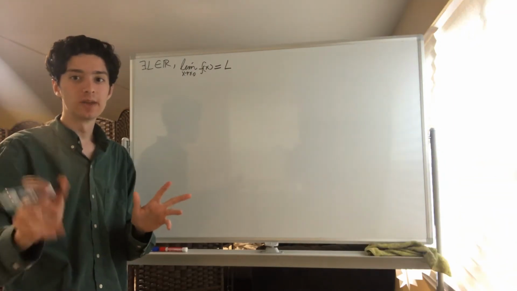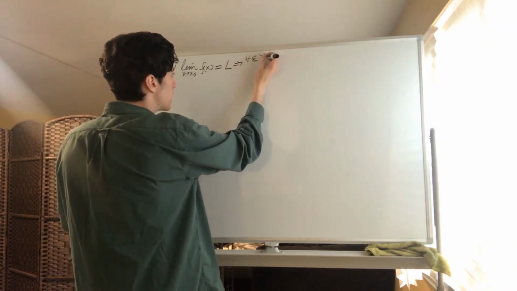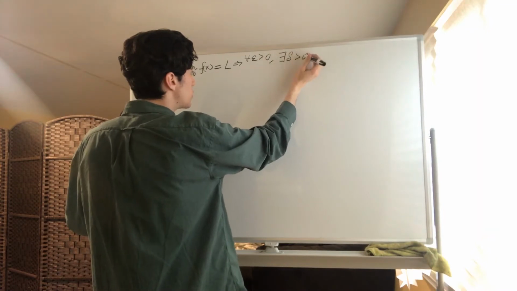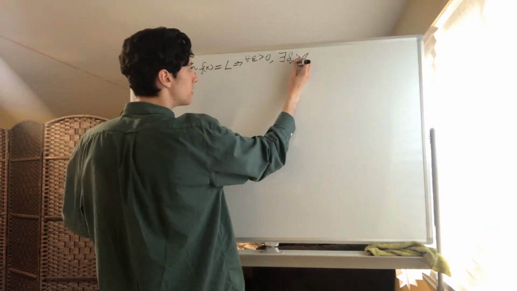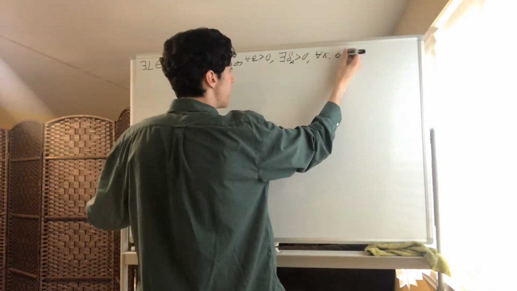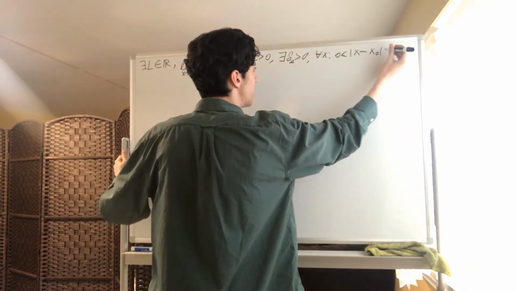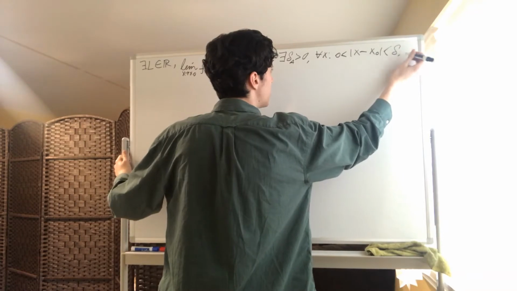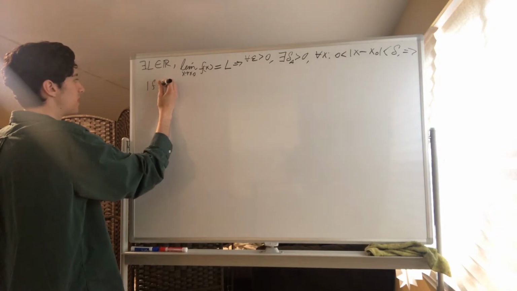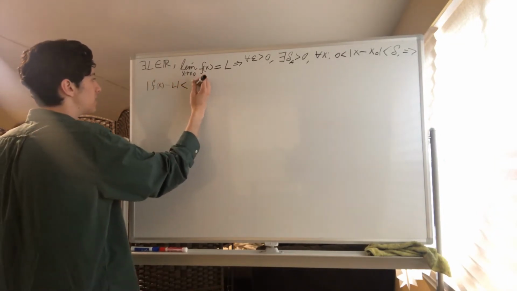Starting with our first limit, we know for all epsilon greater than 0, there exists a delta greater than 0, which we will call delta A, such that for all x, whenever x is within delta of x naught, so the distance between x and x naught is less than delta, this implies that the distance between our function and our limit, so absolute value of f of x minus L, is less than epsilon.